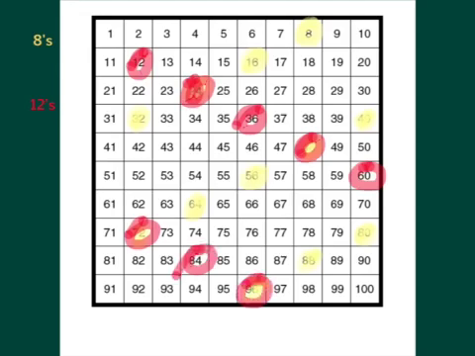At this point, to find out how many packages of buns you need, count the yellow dots. And to find out how many packages of wieners you need, count the red circles. And that's all there is to it.